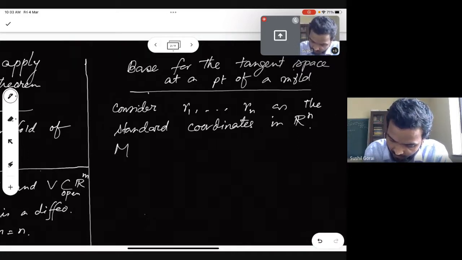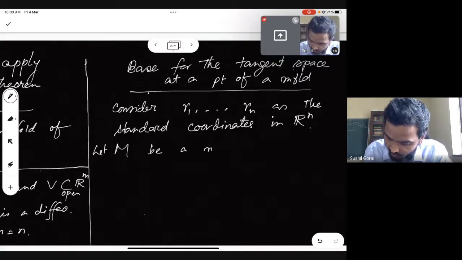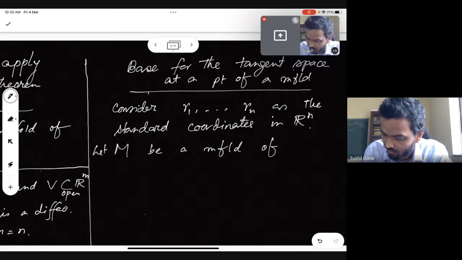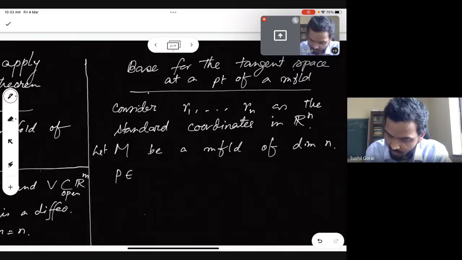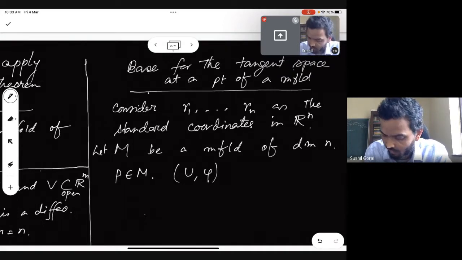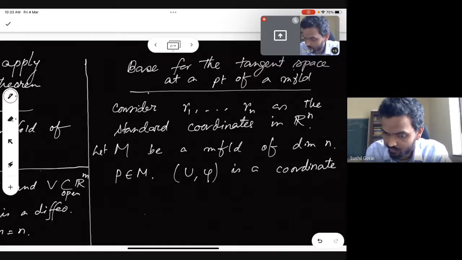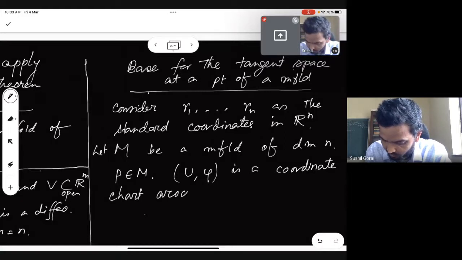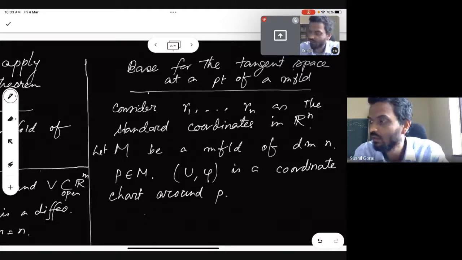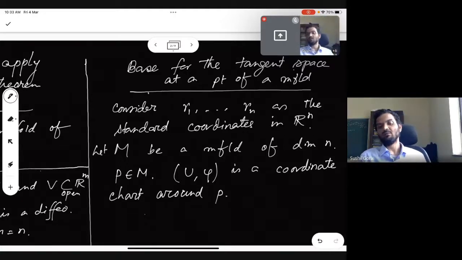Let M be a manifold of dimension n, and P is in M. (U, phi) is a coordinate chart around P, right? So you have a coordinate chart.